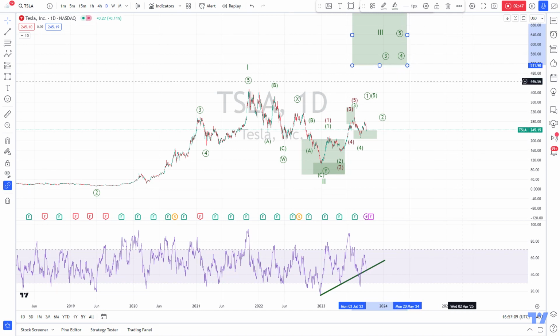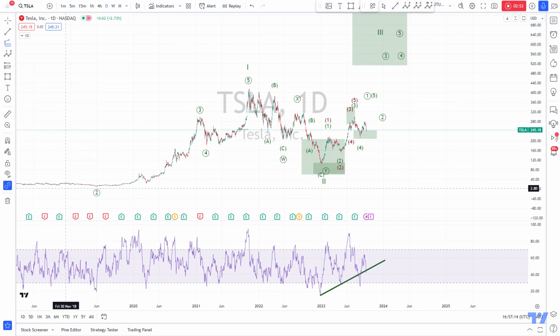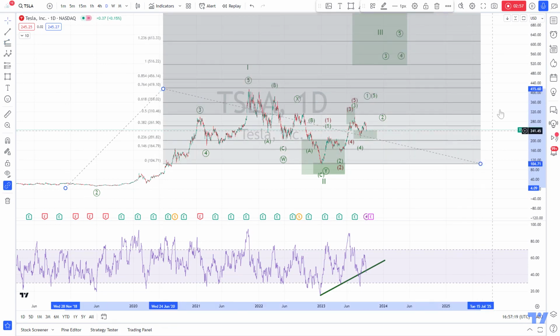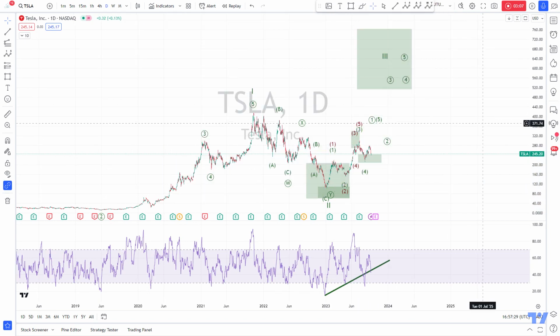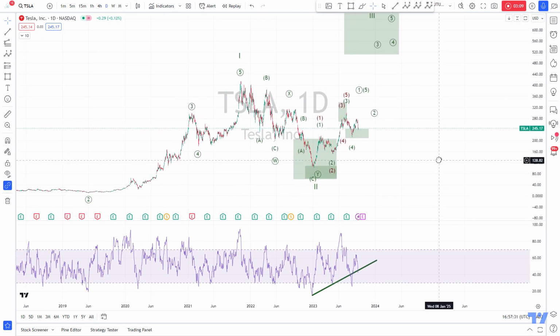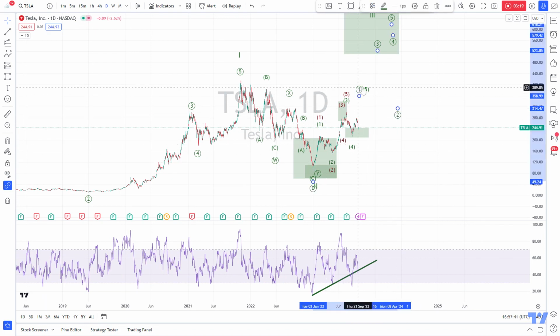But I believe this here is our target area, and we can find this area by taking the length of our wave 1, the length of our wave 2, and then our wave 3 here in the higher degree should go into the area between the 1 and the 1.618 FIB extension. So wave 3 is an impulse, and so that means that we should go there in 5 waves. And I believe we are currently working here on this wave 1.